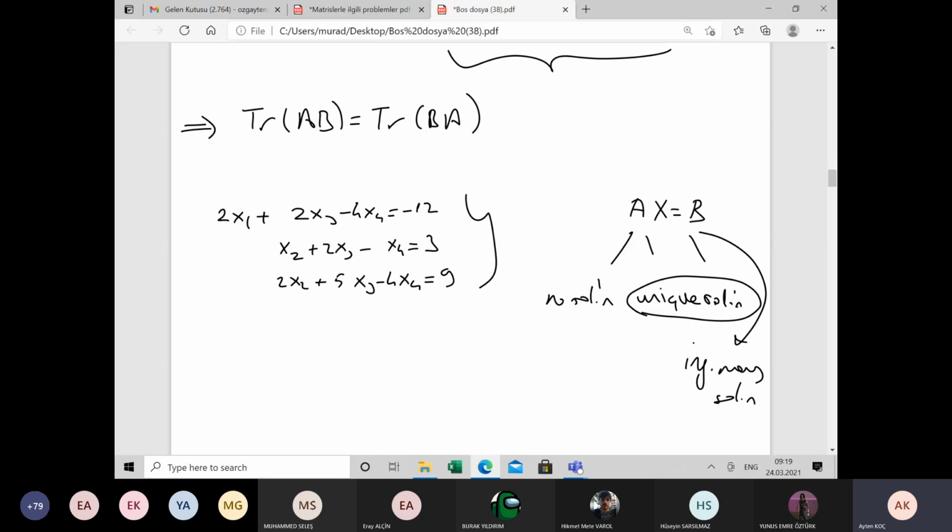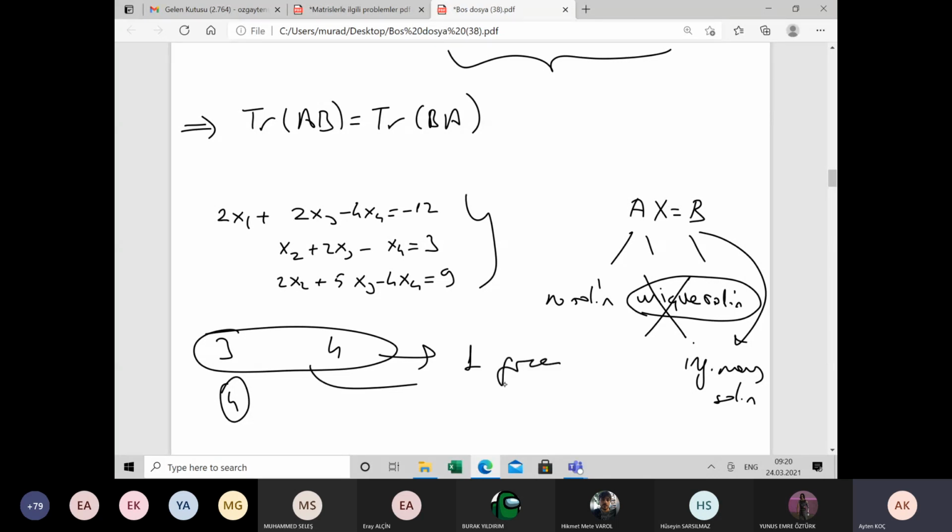Here the number of equations is 3, but the number of variables is 4. That is not enough to get 4 leading ones, so it is not possible to get a unique solution here. If our matrix has no zero row, there is at least one free variable, so infinitely many solutions. But maybe we get a contradiction at some step, and then we obtain the no solution case.